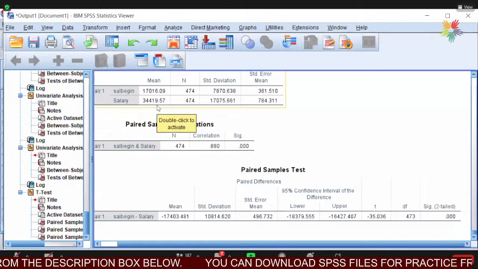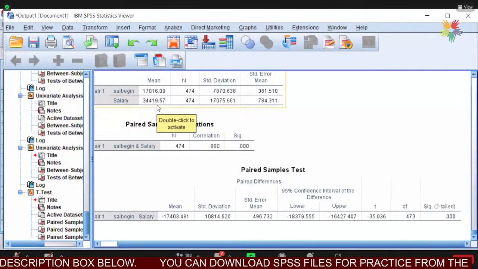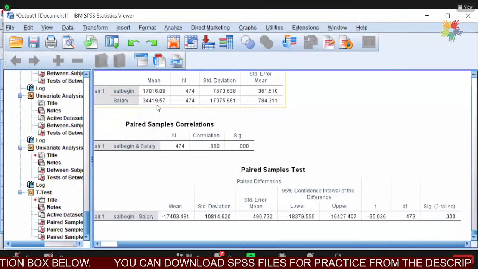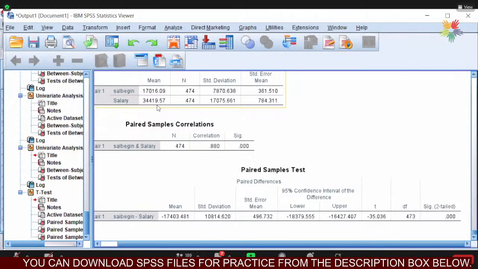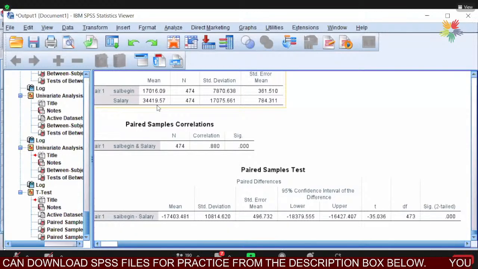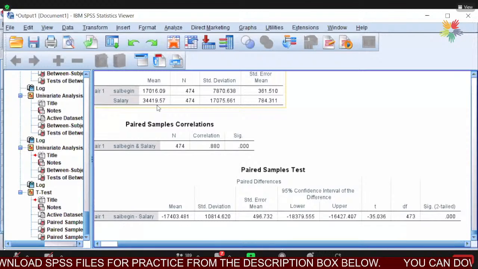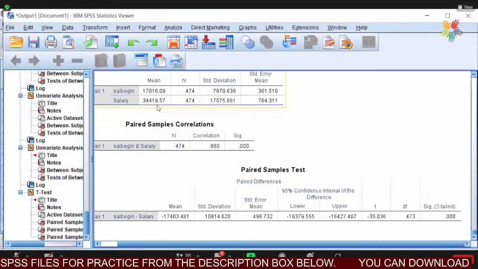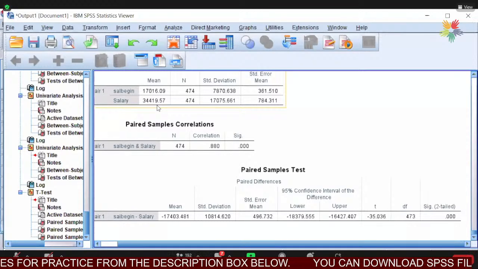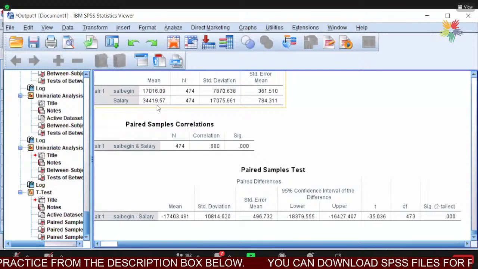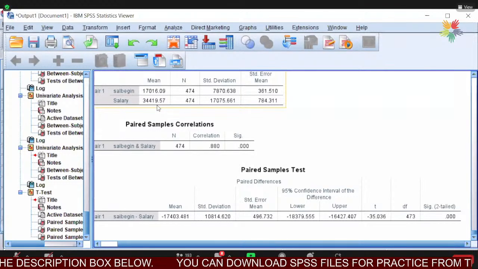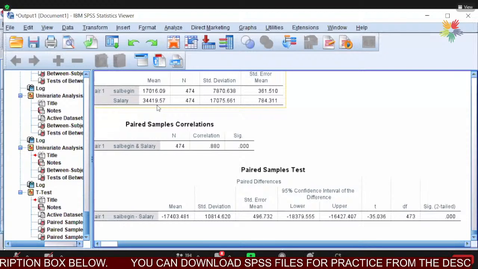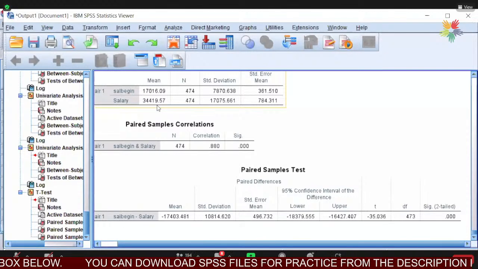So after coming to this organization, there is a huge hike in salary. So we can say that this organization is a good organization. They have increased the salary almost to double, and it is not for one individual, it is the average. That is the final inference.